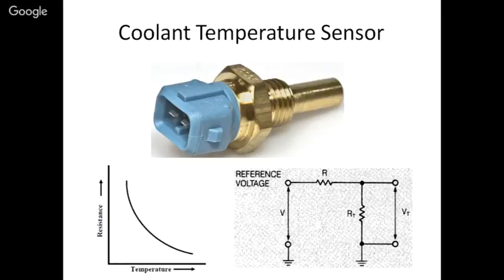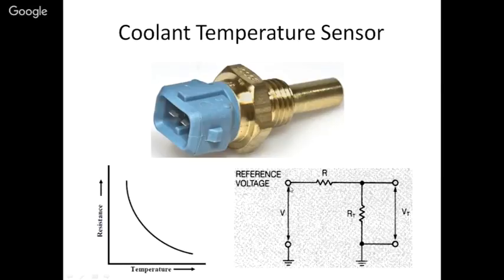Like we saw in the case of a MAF sensor that's used in a Wheatstone bridge, here it is used in a voltage divider or a potentiometric circuit type. What you see here is a fixed resistance R and a thermistor resistance RT.